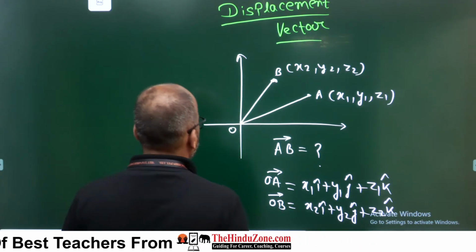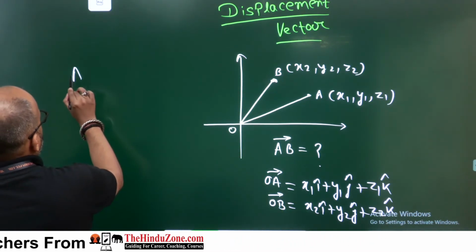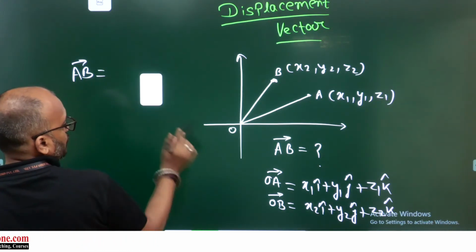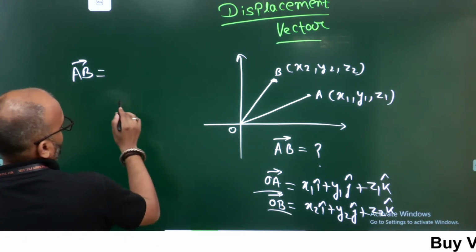If I need to find AB, please see, AB will equal OB vector minus OA vector.